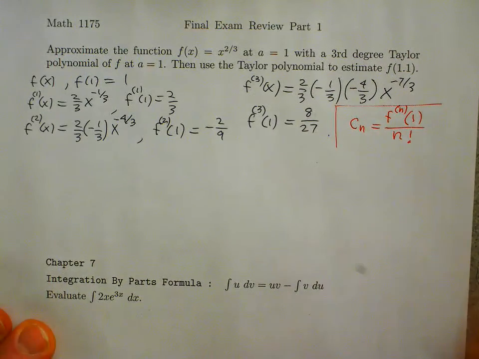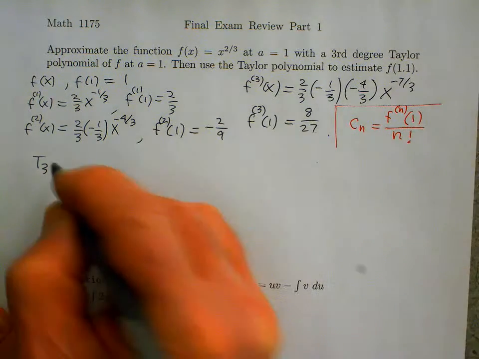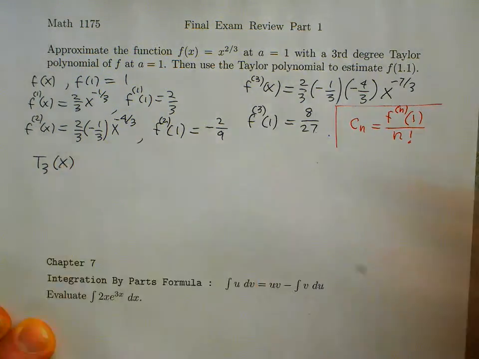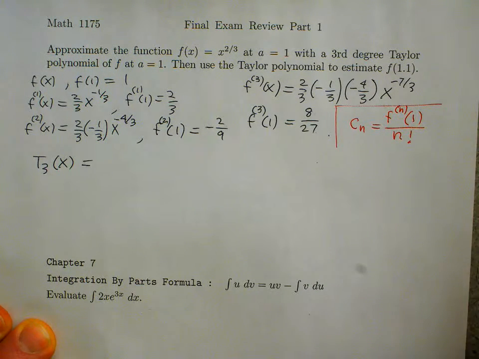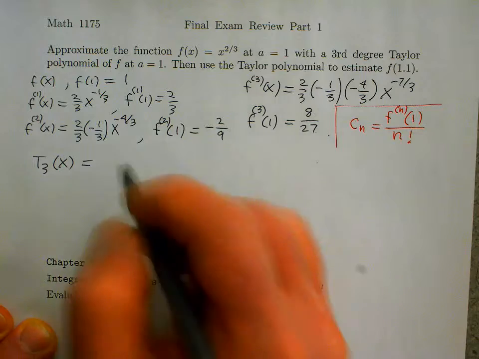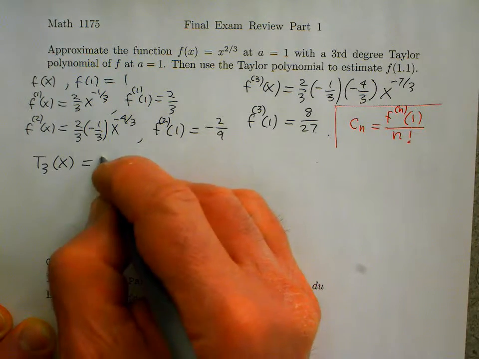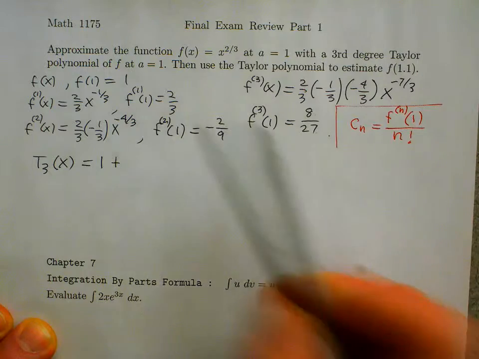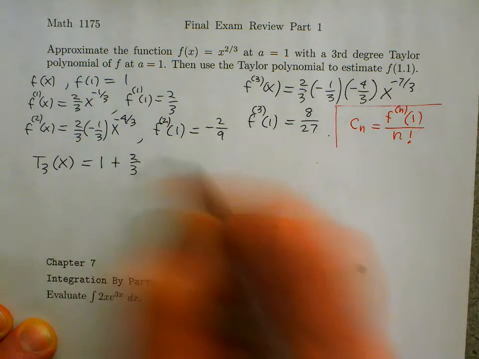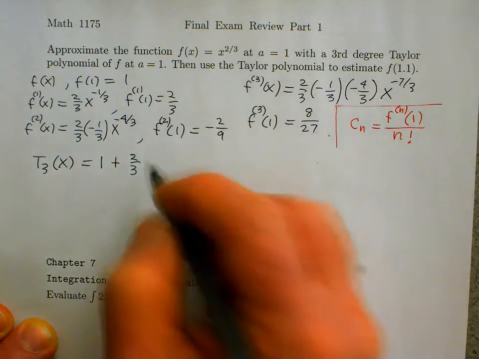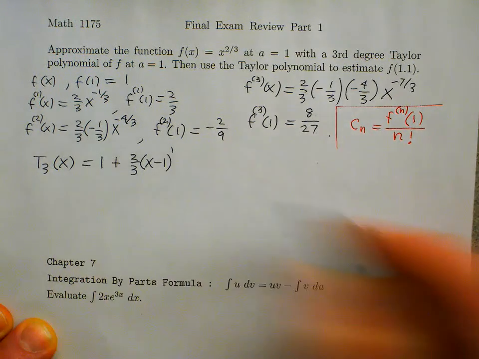So we can start writing down the degree 3 Taylor polynomial, T sub 3 of x. The first one, 1 over 0 factorial is 1. And then plus 2/3 over 1 factorial times x minus 1 to the first.